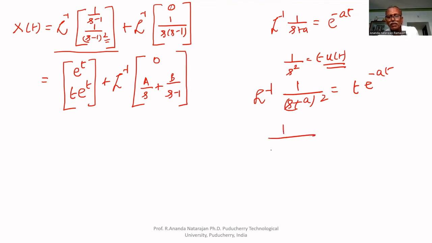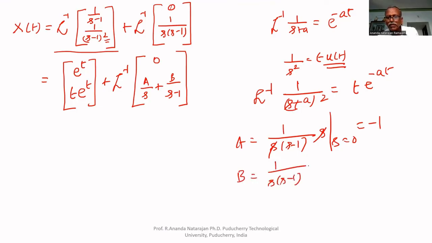A is equal to 1 by (S minus 1) multiplied by S, where S equal to 0, you will get minus 1. B equal to 1 by S multiplied by (S minus 1) multiplied by (S minus 1), where S equal to 1, that is equal to 1.